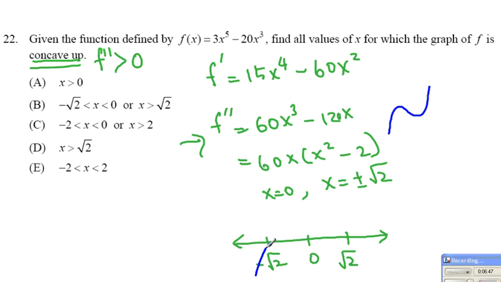So something like that would be the graph of the concavity, the graph of the second derivative, and then we are looking for portions that are positive. That means right here, and then here. So therefore, the answer should be negative radical 2 to 0, or radical 2 and higher, which will be choice B.